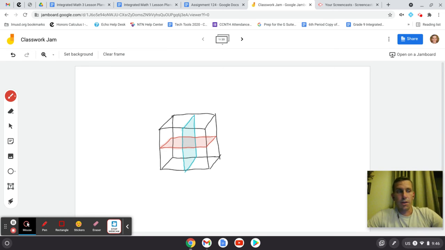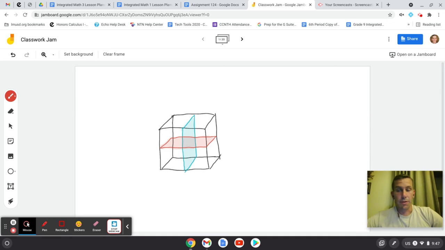So a shape has reflection symmetry if you could draw a plane like this, like the red or blue plane in the middle of the shape, and have half of the shape look the exact same as the other half on the other side of the plane, just like with this cube and the two planes that I drew. So the blue and the red plane are called symmetry planes. So a shape has reflection symmetry around its symmetry planes. So that red and the blue plane that I drew are called symmetry planes.